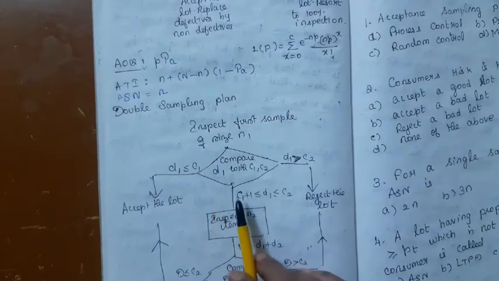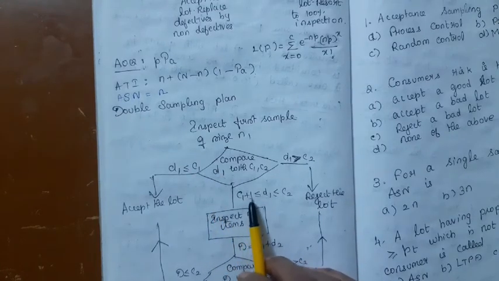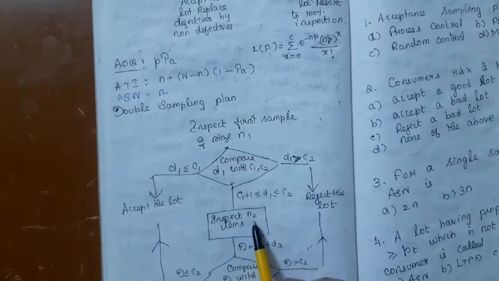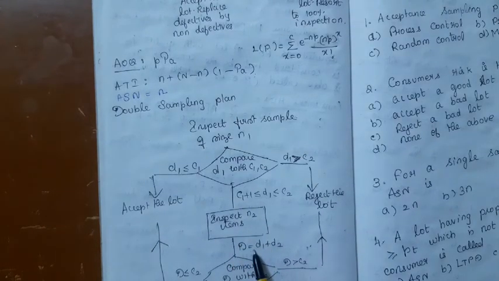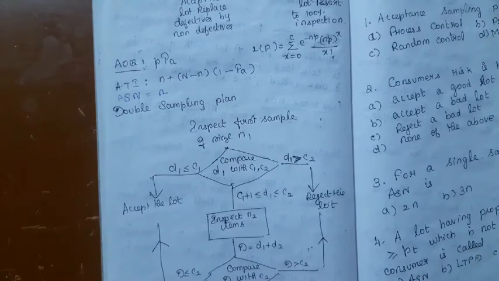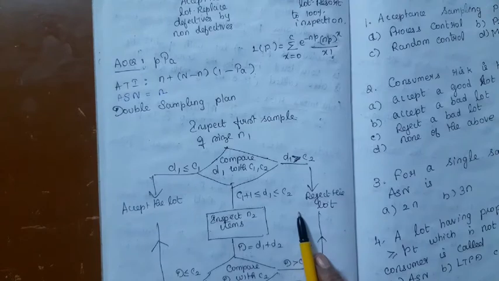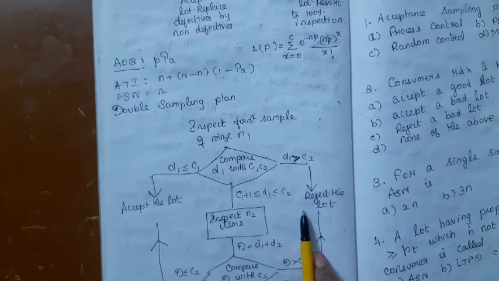But when d1 lies between c1 plus 1 and c2, you are taking another sample of size n2 and finding the overall number of defectives, which is denoted as capital T. And if that T is less than or equal to c2, you can accept the lot. And if that T is greater than c2, you are rejecting the lot. Okay. So this is the double sampling plan.